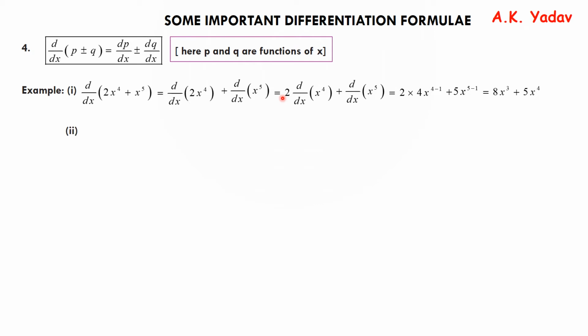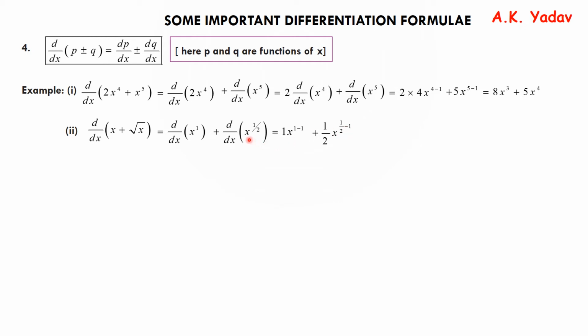Let's do another example. Here we need to differentiate x plus under root of x. So first we will separate, that means d by dx of x, which is having power 1, plus d by dx of x to the power of 1 by 2. Now for x we will have 1 comes down and x to the power of 1 minus 1, plus for x to the power of 1 by 2, 1 by 2 comes down and x to the power of 1 by 2 minus 1.